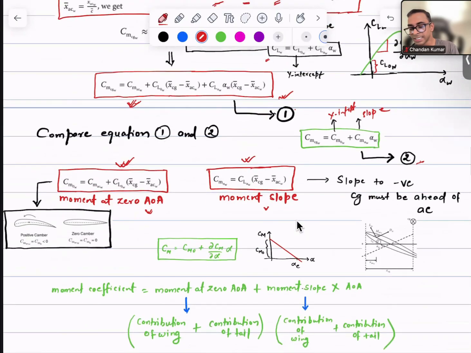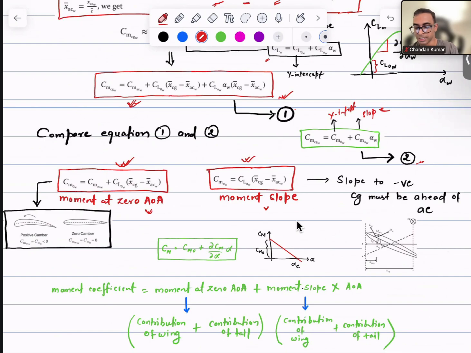Now we discussed the criteria for having longitudinal stability is that the moment slope must be negative. But to have the slope be negative, the center of gravity must be ahead of the aerodynamic center. Then only this moment slope is going to be negative, but that is not the practical case.